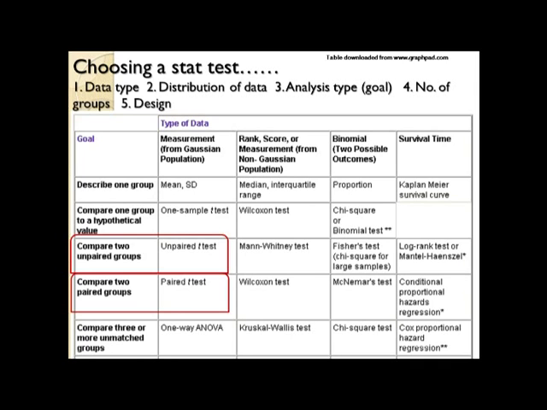Our example of treatment and control group means, in this case your groups have mean blood pressure values, so it is a continuous type of data. If you have this measurement from a Gaussian population, Gaussian is nothing but your normal distribution, in this case you can use the unpaired t-test, because you have two groups which are not paired, they are two different groups.